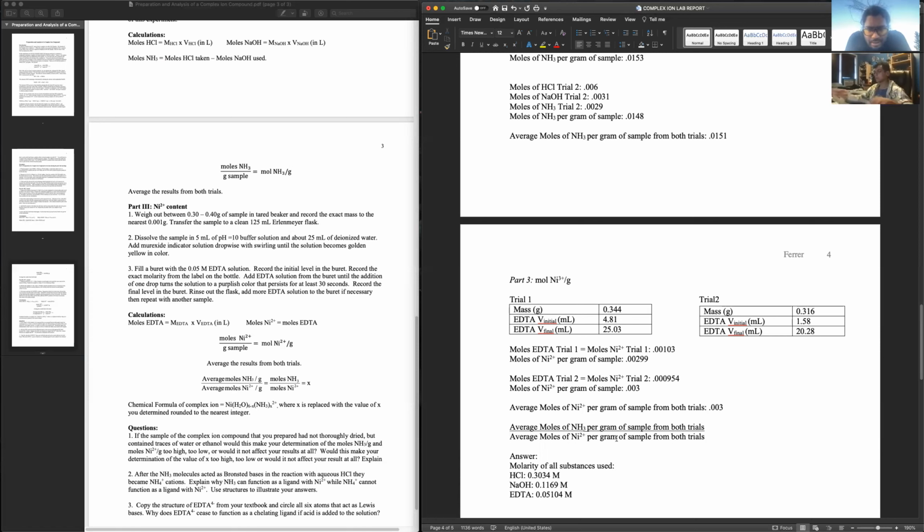So after dividing both of the averages, do 0.0151 divided by 0.003. I get 5.03 repeating.